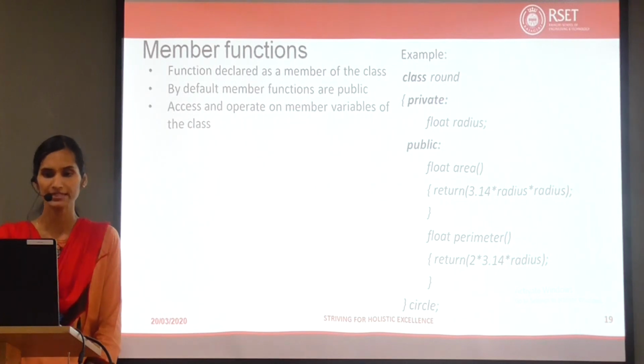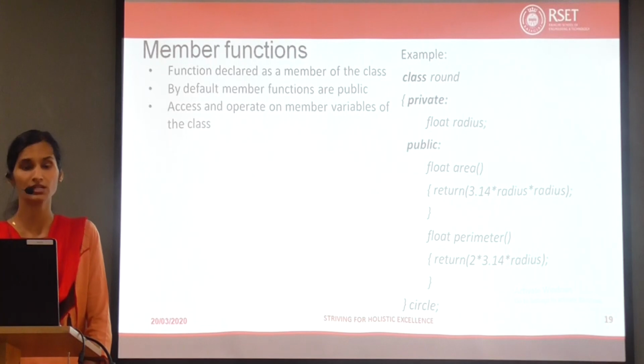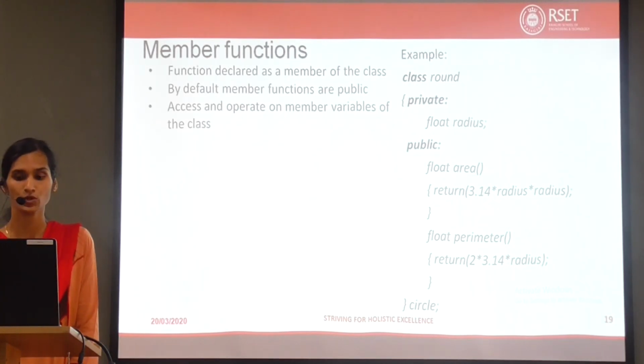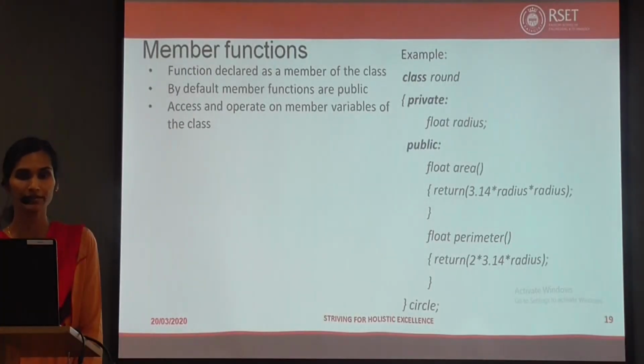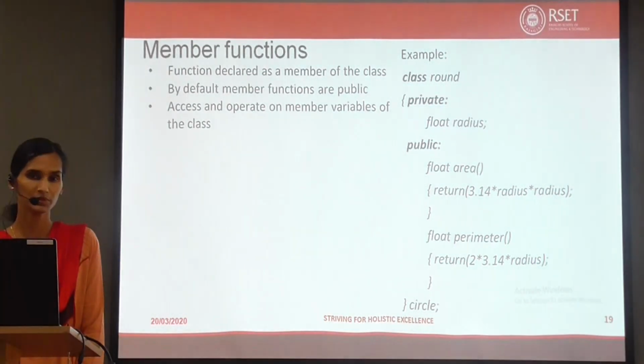Now member functions, let us see an example. In this case I have written a class for an object circle. So circle is my object and I have written a class for it, and I have given a class name as round. So inside the class definition, I have given private variables and public variables.